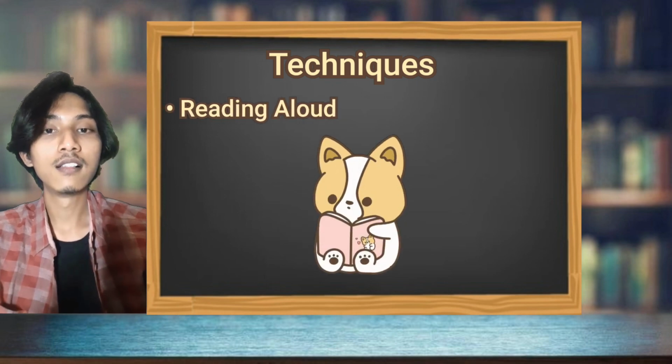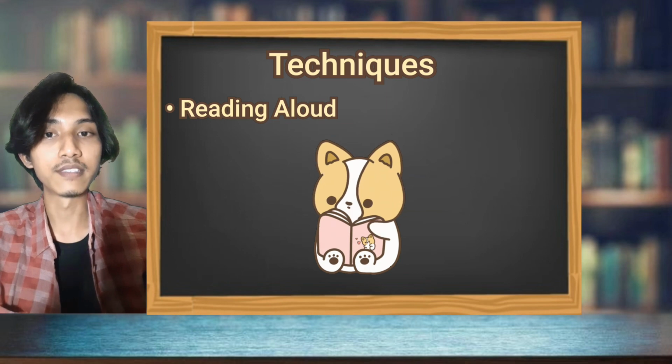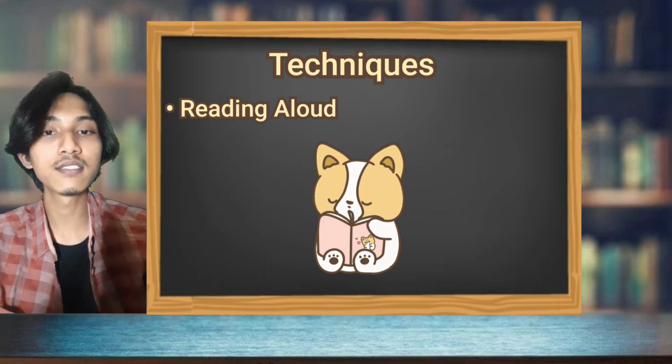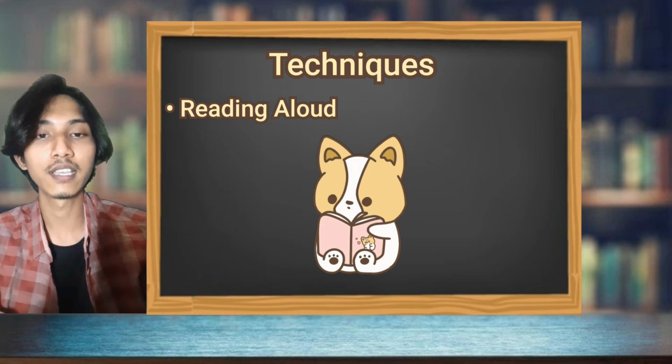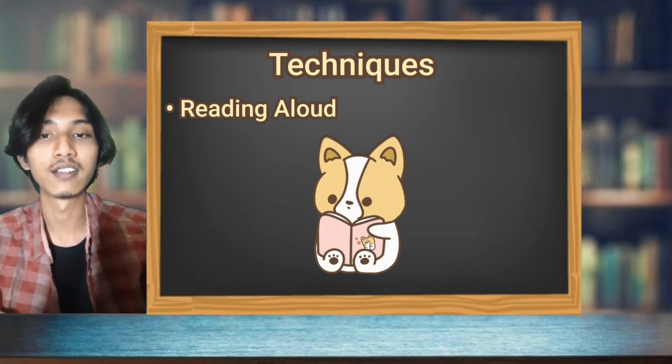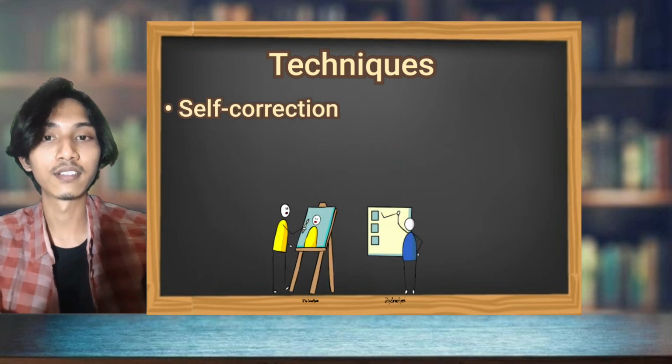Reading aloud. Learners have their turn to read a section of a play, passage, or whatever teaching materials. The instructor uses a variety of means to explain the meaning of sections, such as pictures, illustrations, realia, examples, etc. Self-correction.